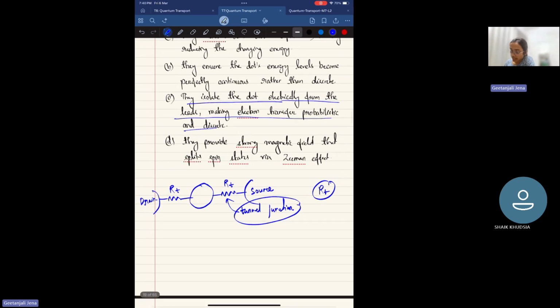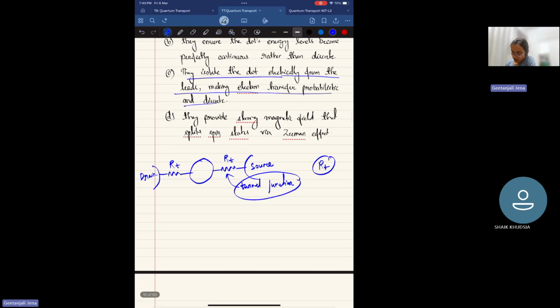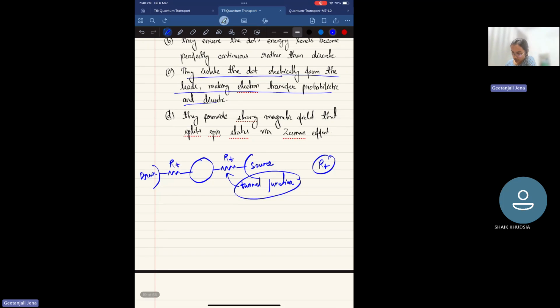The main reason that we have RT is this: let us say we don't have any RT. So what will happen? The current will flow continuously from source to drain. Now we have an RT which is much greater than h by e square.